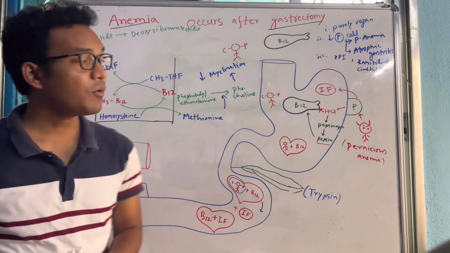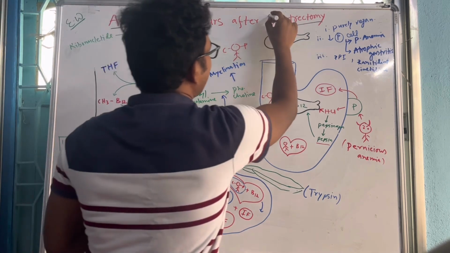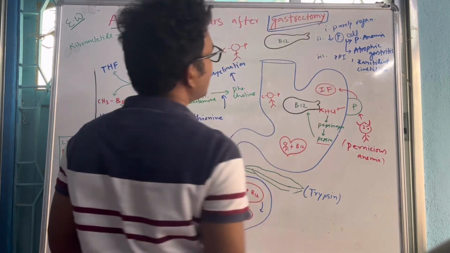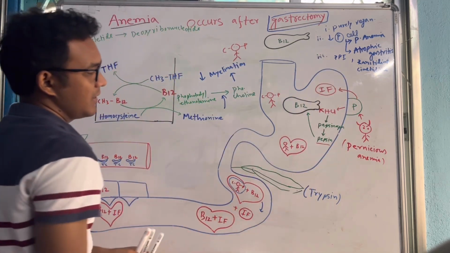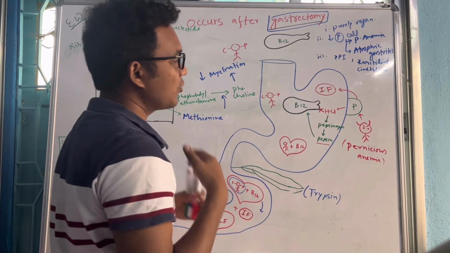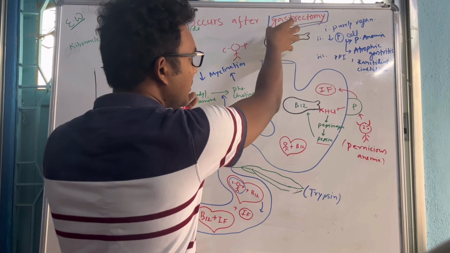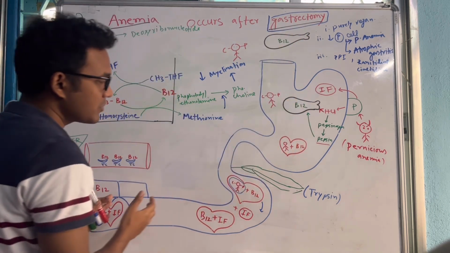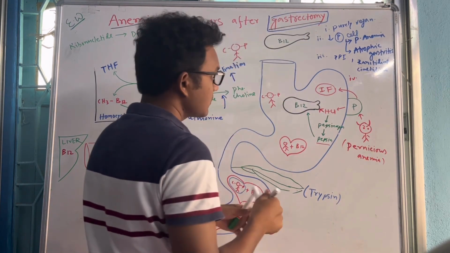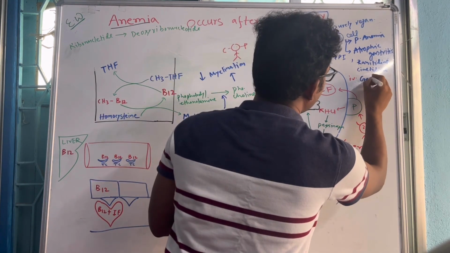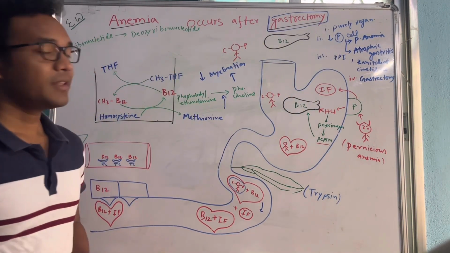Now what are the other causes? The next cause is gastrectomy. If we completely or partially remove the stomach, there will be no intrinsic factor and no HCl secretion. Then even if we take a sufficient amount of B12, it will not be absorbed. So the fourth point is gastrectomy.